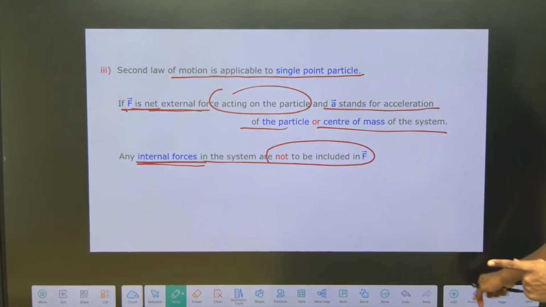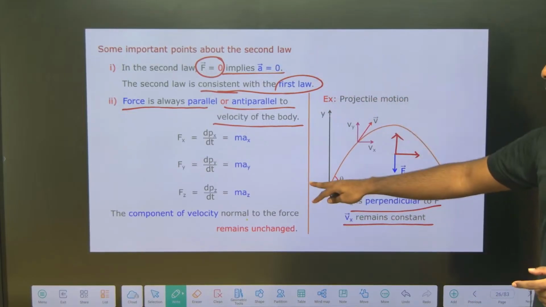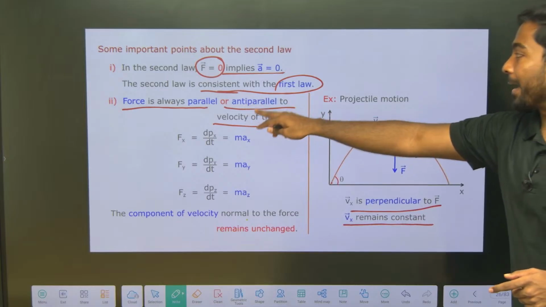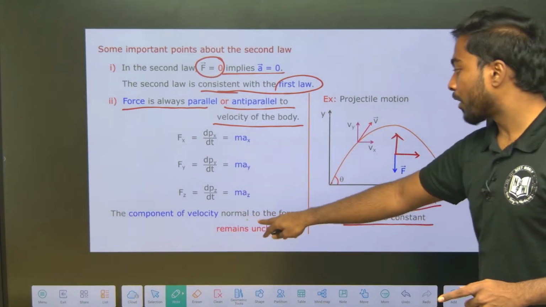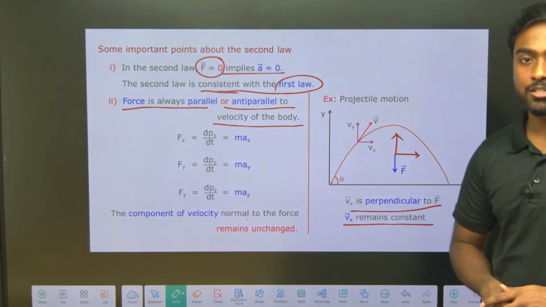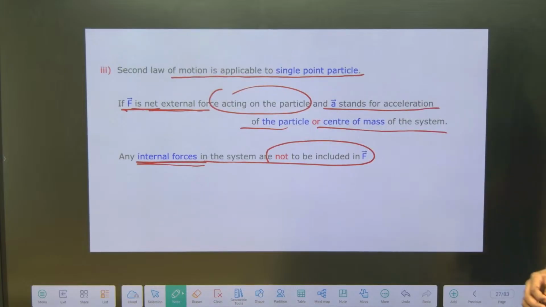First point: F equal to 0 implies A equal to 0. Second point: force is always parallel or anti-parallel to the velocity of a body, and the component of velocity normal to the force remains unchanged. And third point: the second law of motion is applicable to a single point particle.